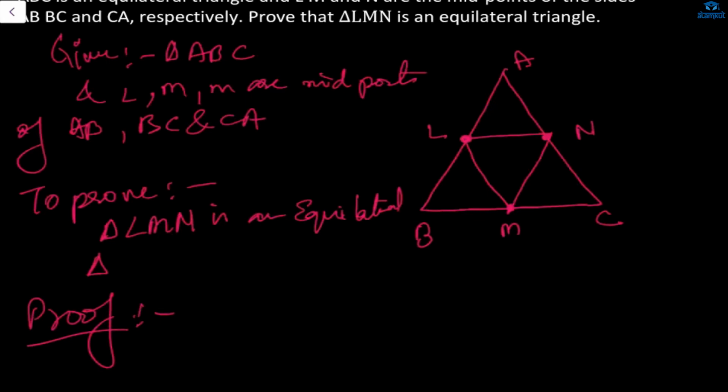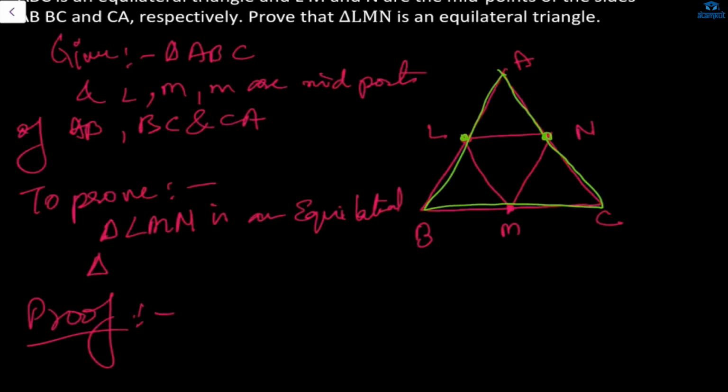Try to use your midpoint theorem. It will be easier. You have 3 sides, and in 3 ways you are going to take the triangle. One way, you take triangle ABC. In ABC, L is the midpoint of side AB, and N is the midpoint of side AC.